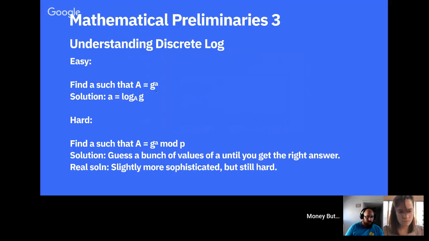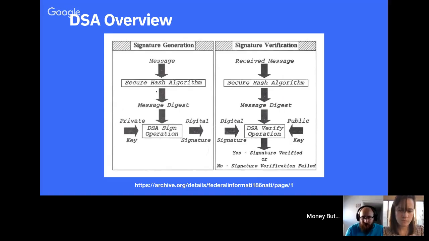There's something about modulus arithmetic, and I don't have a good intuitive explanation of this, but something about modulus makes this significantly harder. Probably I can make a comment about that. Sure. Basically, it's not easy to have the inverse operation for modulus, because when you do the modulus operation, you lose a lot of information.